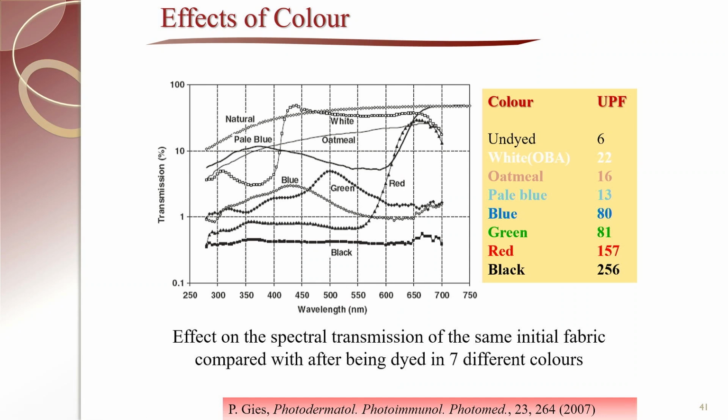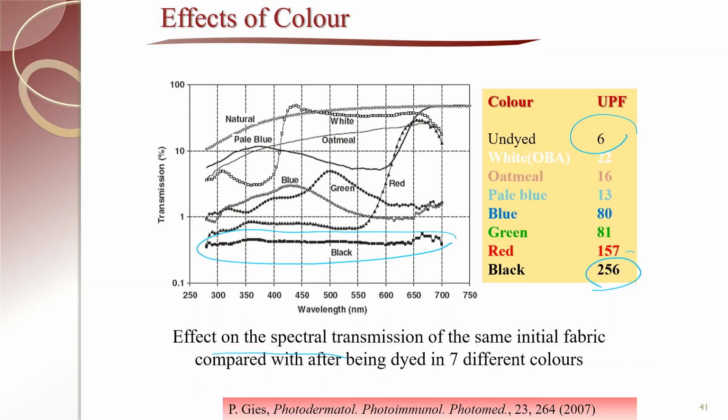Now, the color effect. As we know, dark color will give the highest UPF. So, this is the transmission. If you see the black color, transmission is very low, typically 0.5% or less. In black color we can achieve up to 256 UPF value, while red color and undyed natural fabric will have very low UPF value.